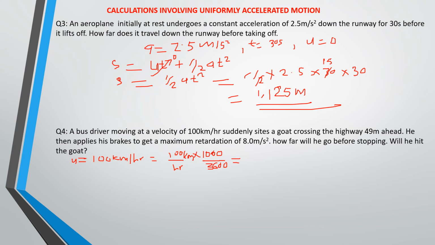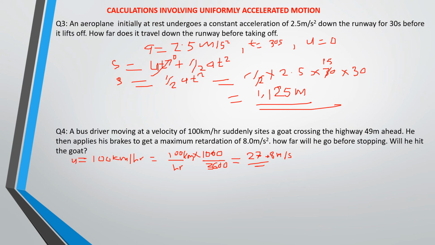When you punch this into your calculator, you are going to have 27.8 meters per second. So 100 kilometers per hour is equal to 27.8 meters per second.